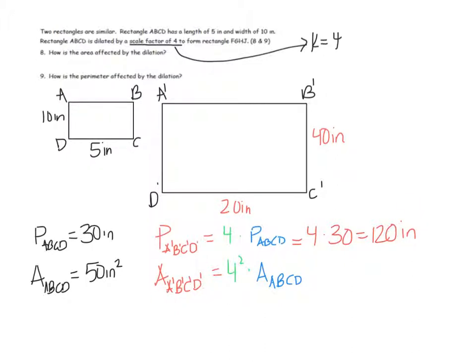The area is 4 times 4, or the scale factor squared, times the area of the original figure. In this case, 16 times 50, which is 800 inches squared. And that makes sense because if you multiply 20 times 40, you would get 800.